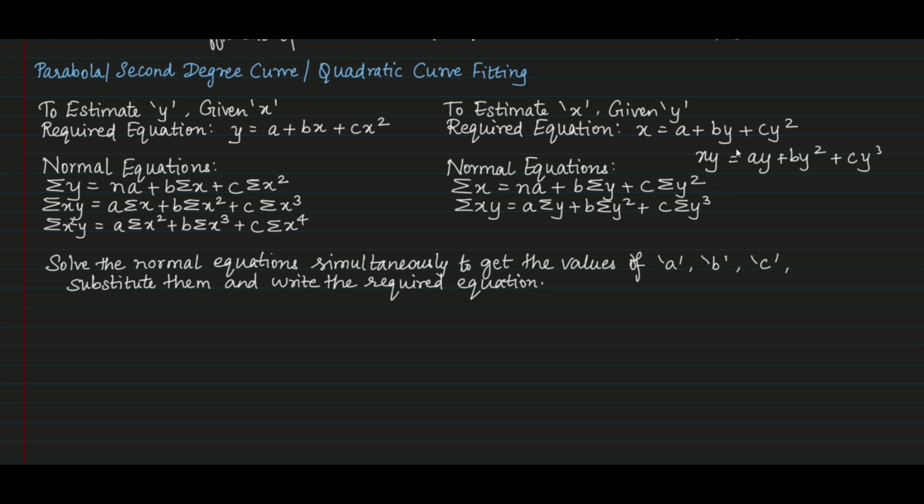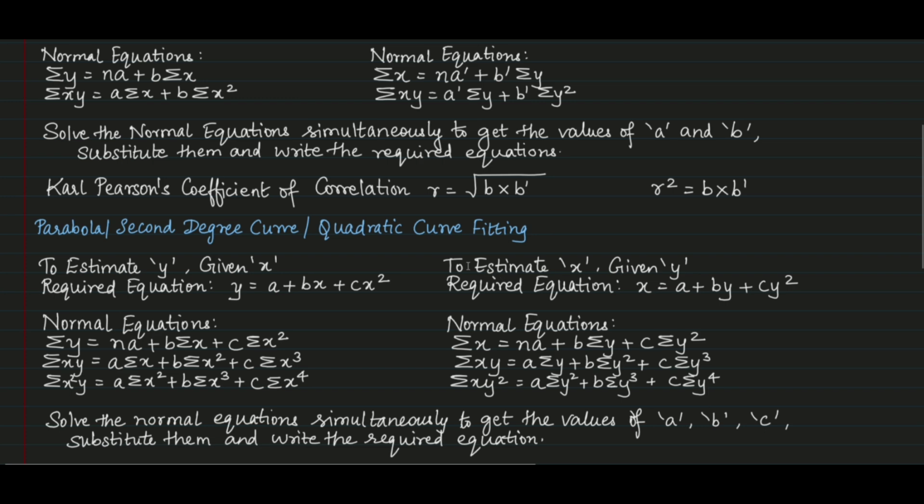Next, we multiply once again with the independent variable y, then take the summation. So summation xy square will be a summation y square plus b summation y cube plus c summation y to the power 4. When we solve the normal equations, we get the values of a, b, c. Substituting in the required equation, we get the quadratic curve or the parabola fitted.